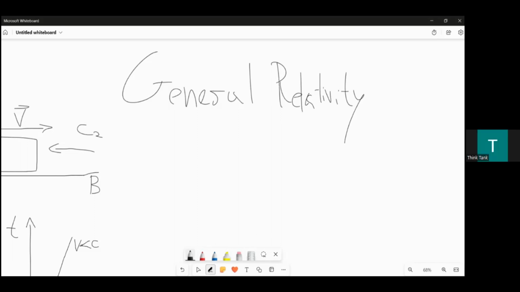Right. Okay, that's from me. Thank you. So you mentioned that general relativity is based on special relativity. How does that work? They look completely independent, so how do you combine both of them?